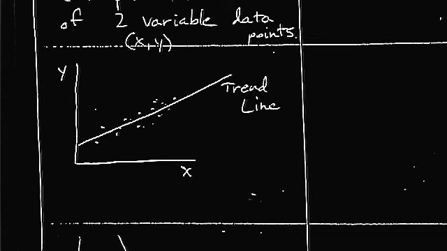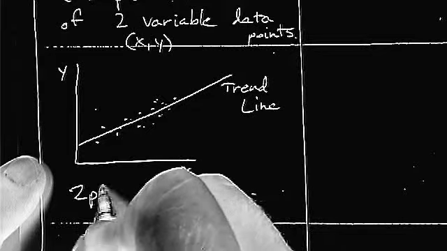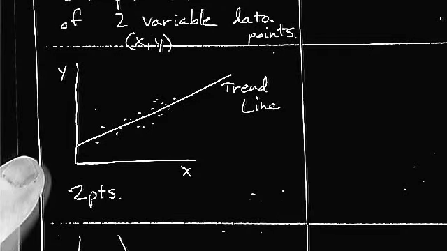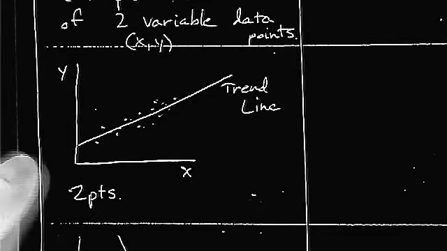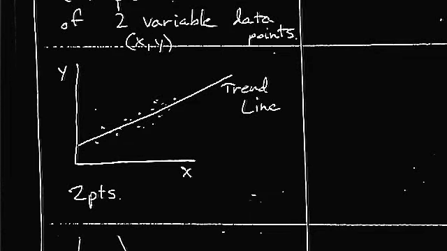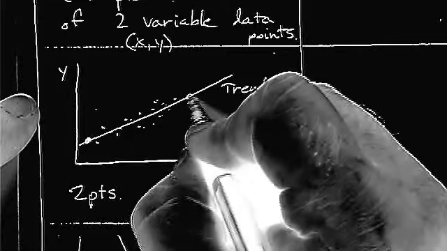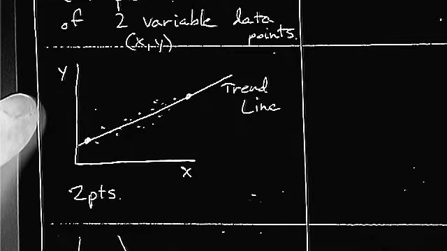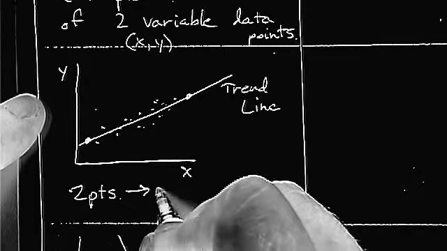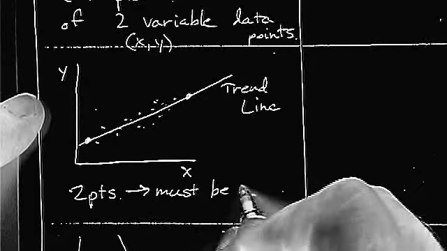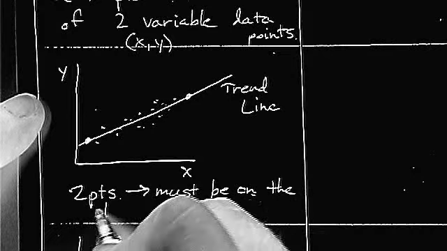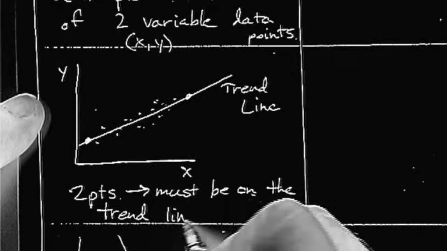Now, how many points do we need in order to come up with that particular trend line? We know that we need 2 points. Do not pick your points close together. Pick your points further apart. These points must be on the trend line.